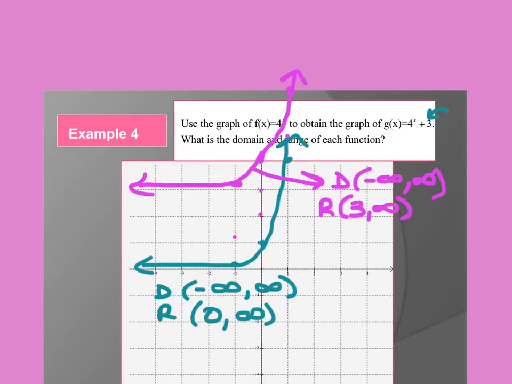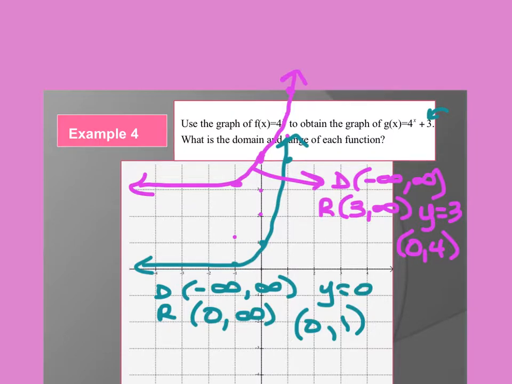And your horizontal asymptote moves with a vertical shift, right? So my horizontal asymptote that was at y equals 0 is now at y equals 3. My y-intercept that was at 0, 1 is now shifted up 3 places and is at 0, 4, okay? So the vertical shift is what's going to cause a change in your range. Think about it. Your range is the y value, so that should make sense. And it's going to cause a shift in your horizontal asymptote and your y-intercept.